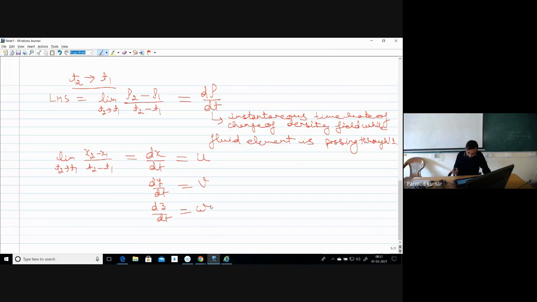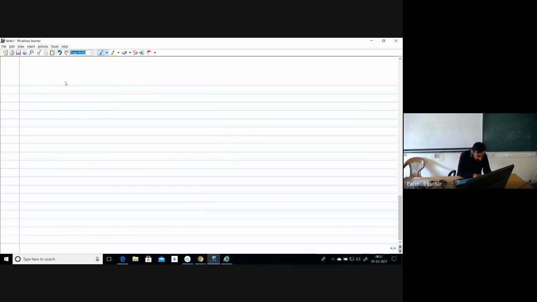Okay, so if I apply this substitution into our main equation, I finally find that the left hand side will become d rho by dt, and that will be equal to u times del rho by del x plus v times del rho by del y plus w times del rho by del z, and we have one more additional term over here, del rho by del t.